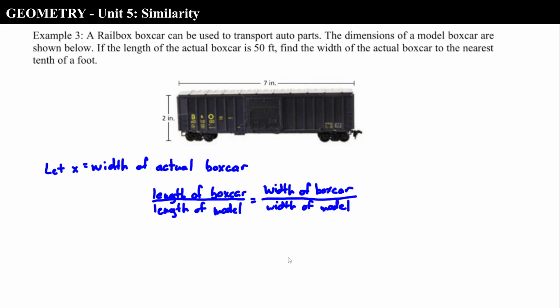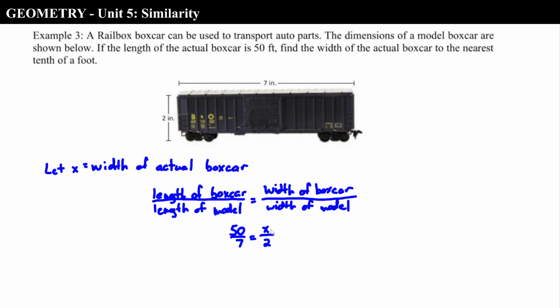So the length of the boxcar, we are told, is 50 feet. The length of the model is 7 inches. The width of the boxcar is what we're trying to find, and the width of the model is 2 inches.